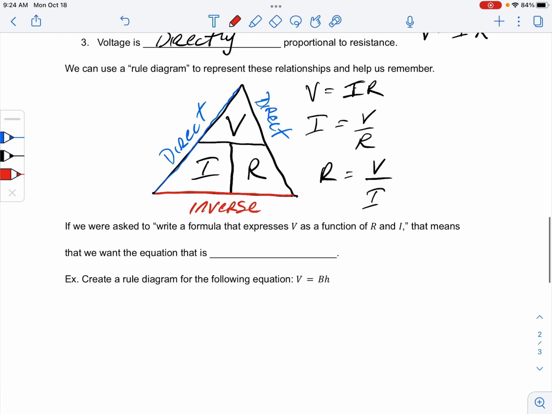Final new piece of this is this language.